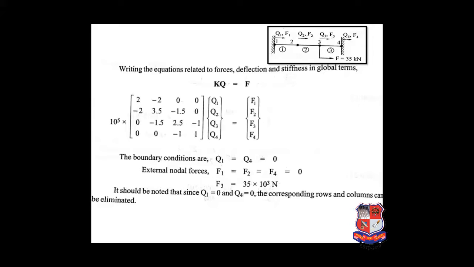First of all, we put the values of K, Q and F. In this we include that Q1 and Q4 are equal to 0, and F1, F2, F4 are equal to 0, because no value is given in our data for F1, F2 and F4, so we take them as 0. But the F3 value is there, on node number 3, so F3 is equal to 35 kilonewton, which we can convert into Newton.